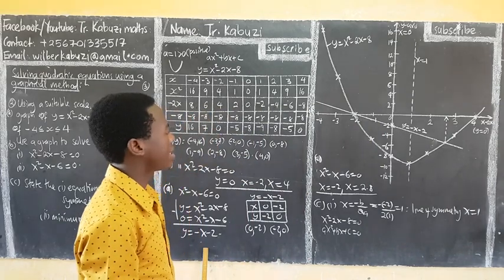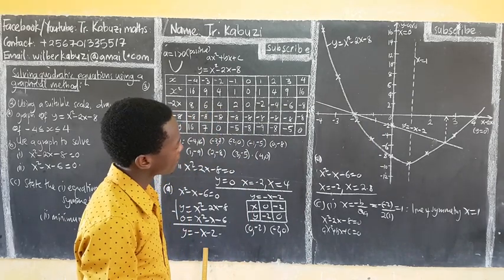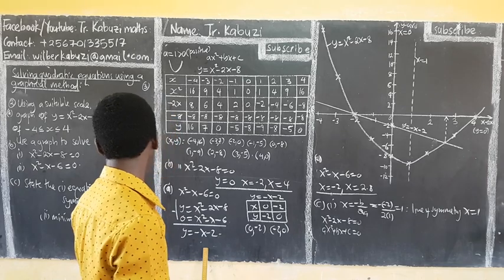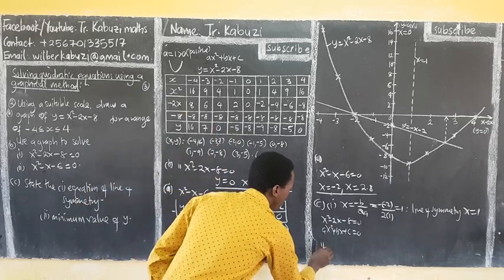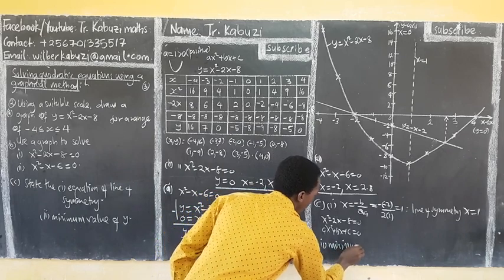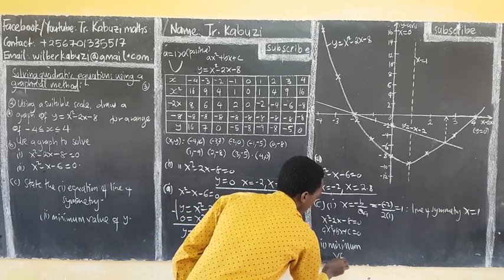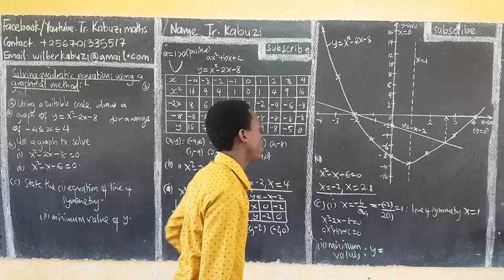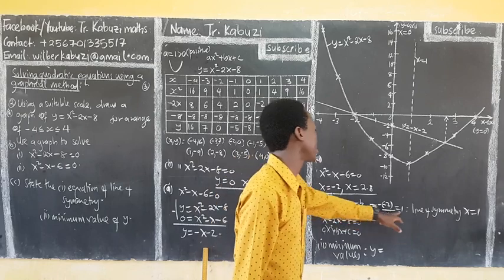And then after that, they are telling us about the minimum value. The minimum value occurs when the value of x is equal to this, so the value of x is 1.